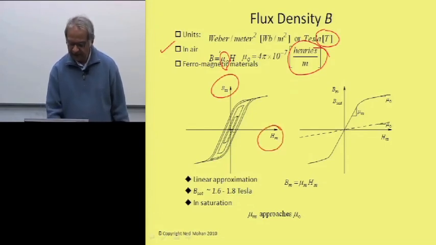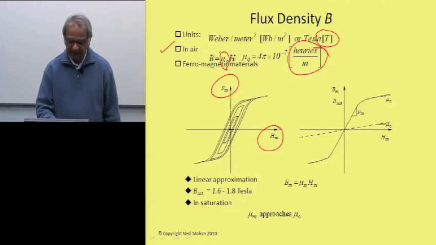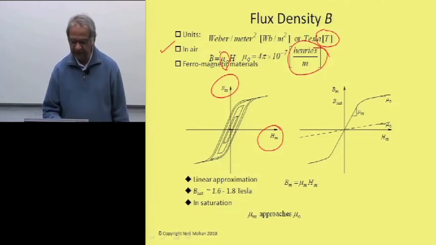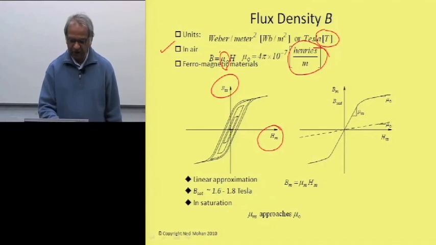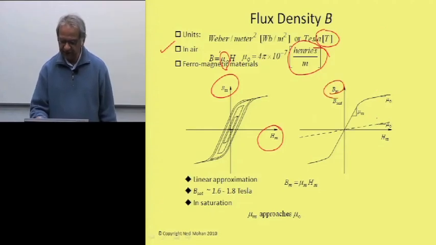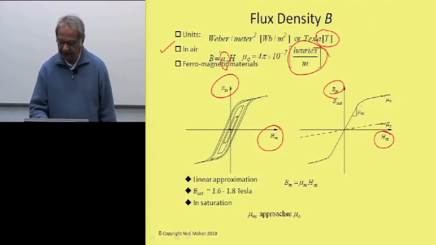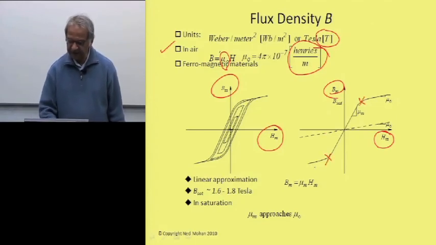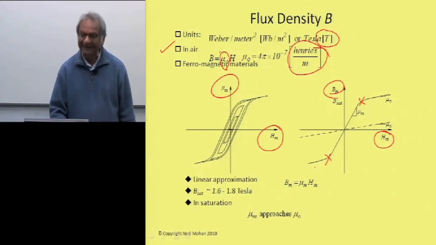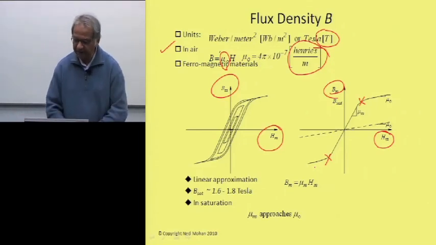These are multi-valued curves, but if we join the tips of all these inner loops, we can come up with this characteristic shown here between B sub m and H sub m. And before it saturates, we have a sort of linear characteristic defining these two quantities over here.